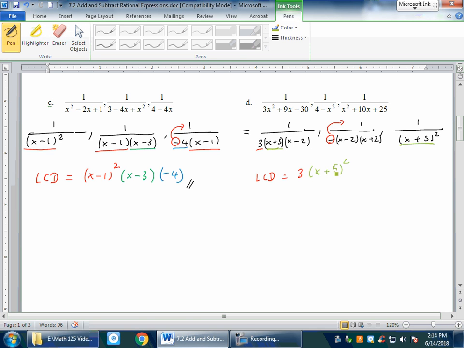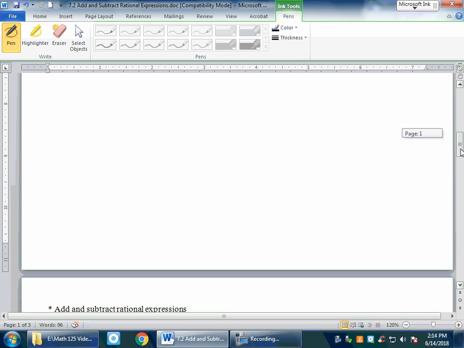And then continuing, this will be x minus 2 and x minus 2. Both of them are the same degree, so x minus 2 is part of my LCD, and then finally x plus 2. So this LCD has a lot of factors in it, and that will be my final answer for the least common denominator.